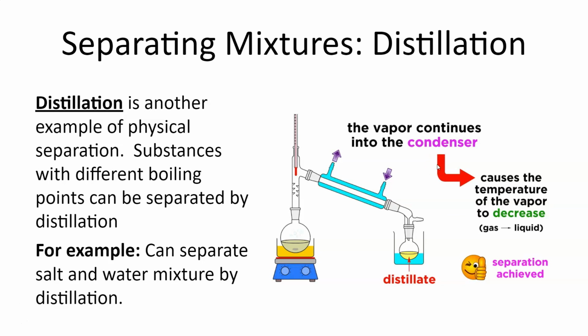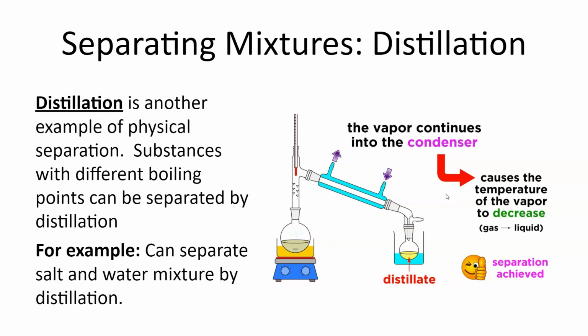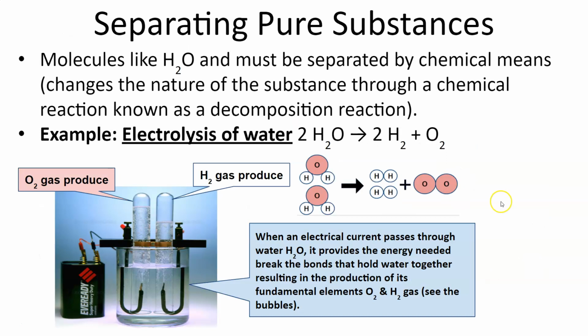So if you are trying to distill, let's say, a salt water mixture, and what you want to have left in the container is just salt and all the water go over on the other side, then you still will have water and salt. They wouldn't change into a different compound or element. On the other hand, for pure substances, when you separate them, they have to be separated by chemical means.